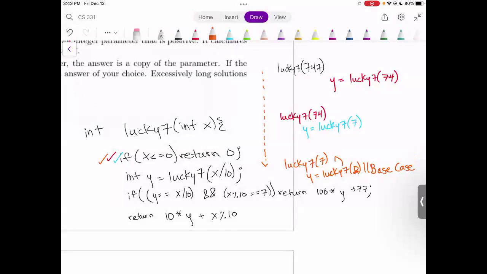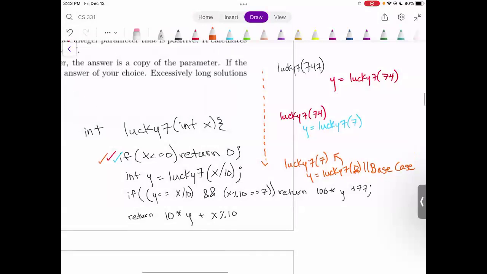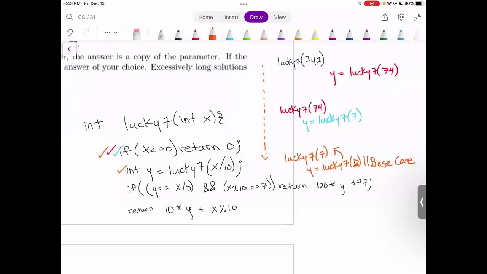So we plug this back in, 7, and now we continue from where we left off. We check this one. Sorry, for the orange one, we checked here. We did lucky7. Now we check this. We say if y, which is 7 in this case, right? Where's y?